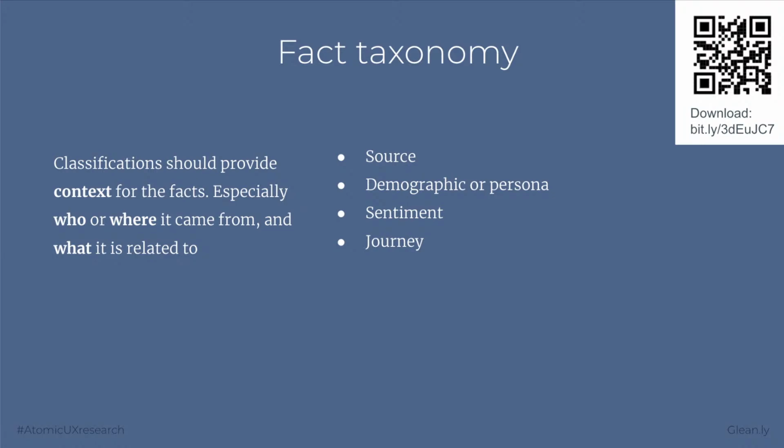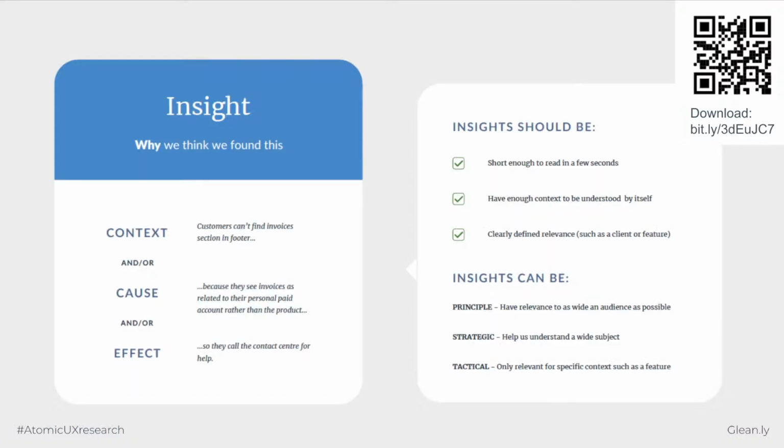Now this will be more specific to your particular world. So insights, as we said earlier, insight is what we think the facts are telling us. What's the cause of those? What's the effect on us? And when we're writing an insight, a really good insight has the context, the cause, and if we have it, the effect. So cause and/or effect.